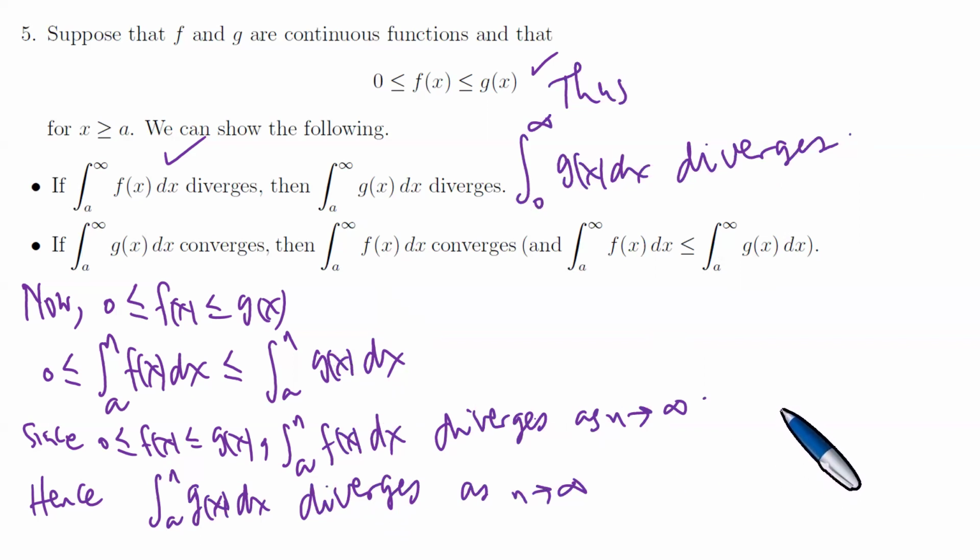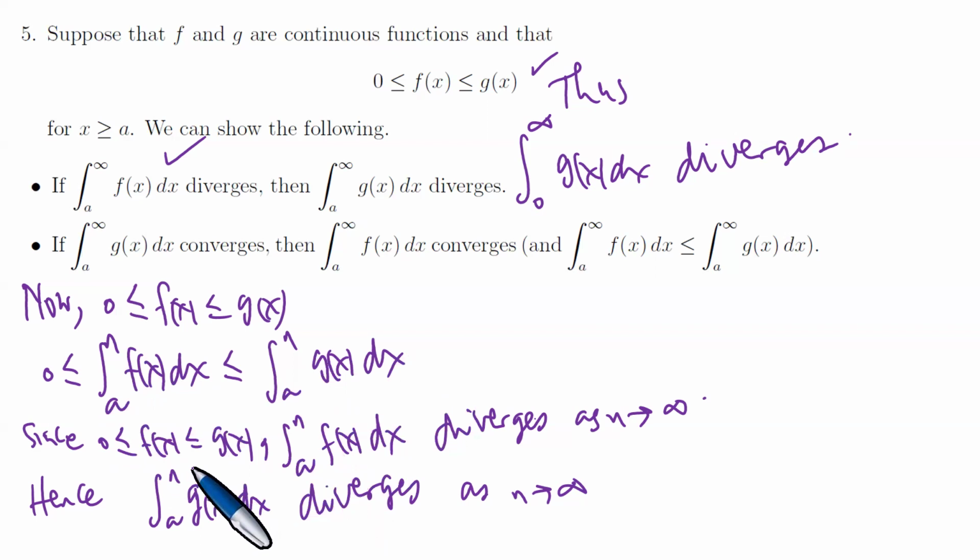What we're saying effectively is that 0 is less or equal to f less or equal to g. You can take the integral both sides, which means that the integral from a to n of f of x dx is less or equal to the integral from a to n of g of x dx.